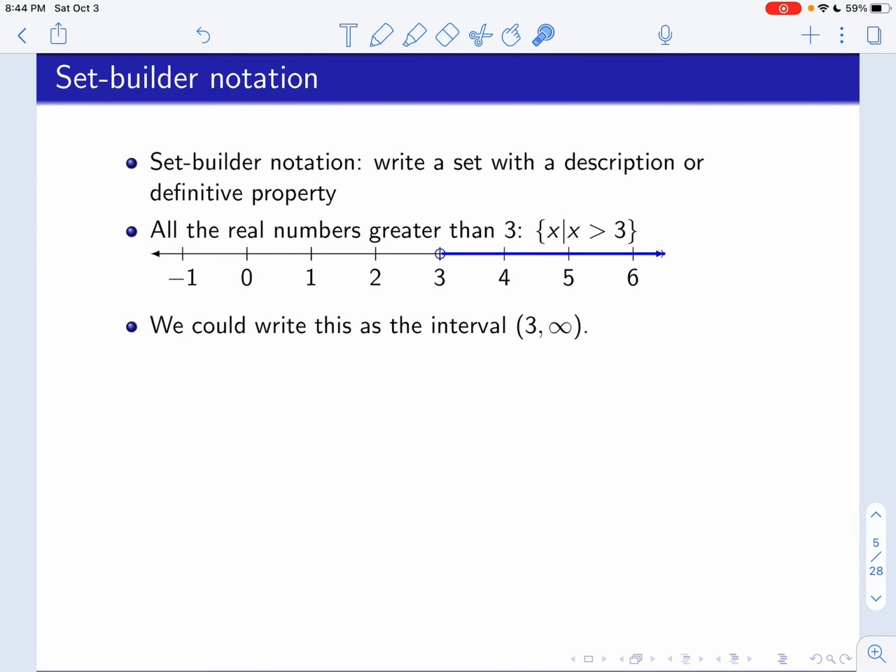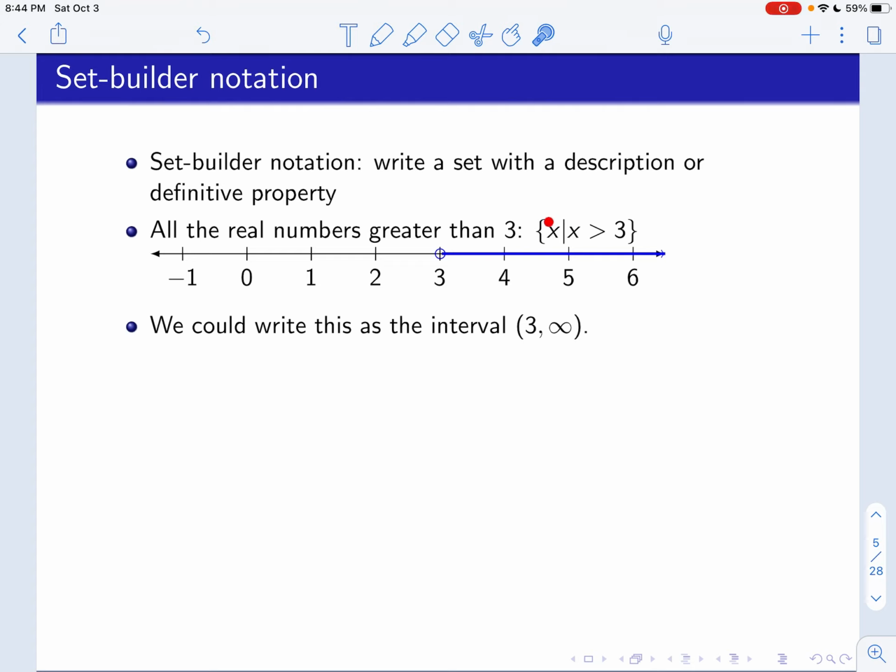So before we write this as interval notation, I want to introduce you to a term that's called set builder notation. This is when we write a set of numbers with either a description or some kind of definitive property. For example, if I wanted all the real numbers greater than 3, I would write that in set builder notation like this.